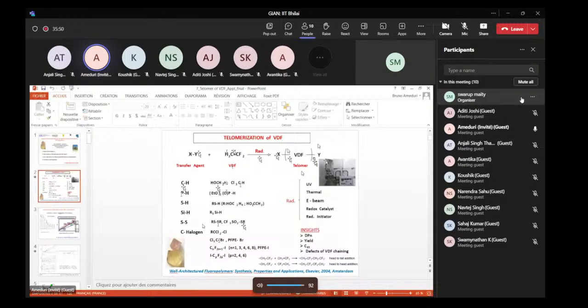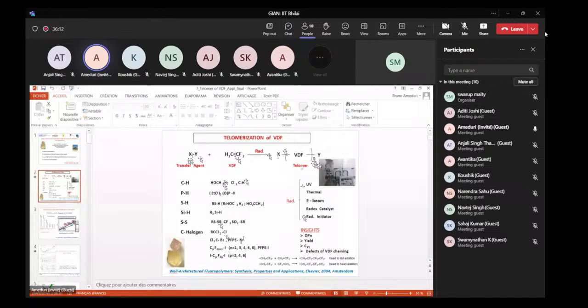The radicals can be generated either photochemically or thermally, or via electron beam, or by redox catalysts, copper chloride, iron chloride, or radical initiators. I will give you in my presentation several examples of these systems.